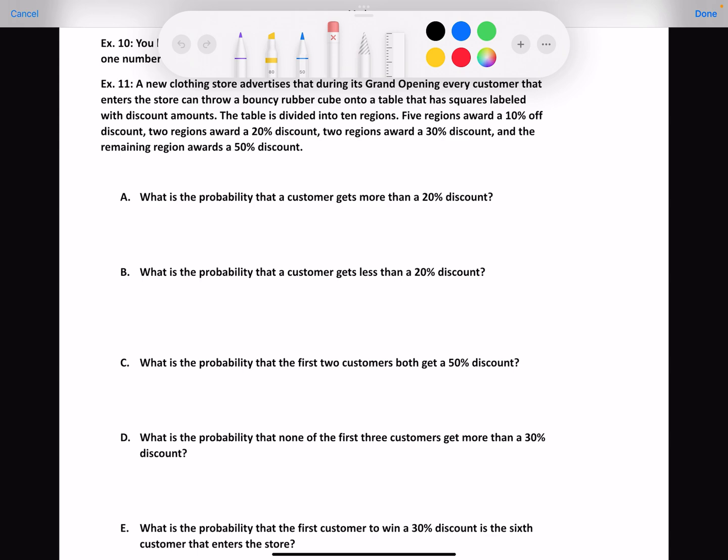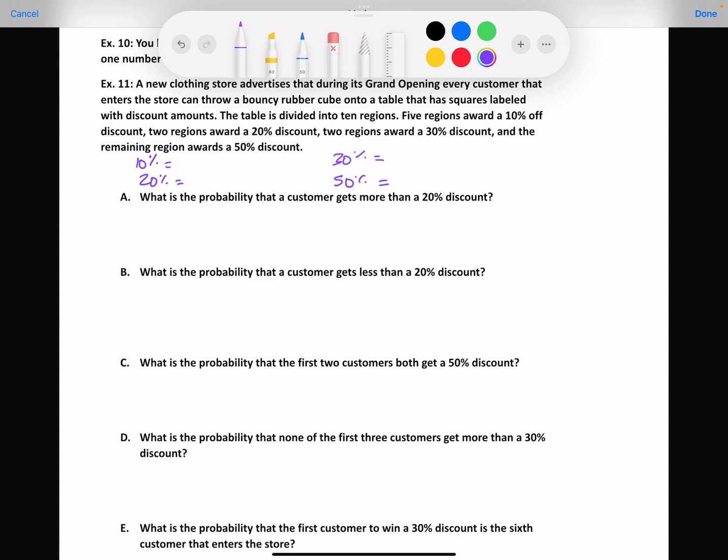What is the probability that the customer gets more than a 20% discount? 2 out of 12. There's only 10 regions. My recommendation before we start is to write up here how many times each thing happens. So the 10, 20, 30, and 50% discounts.